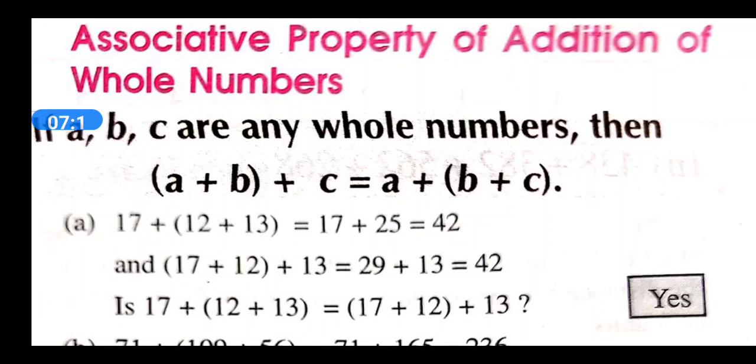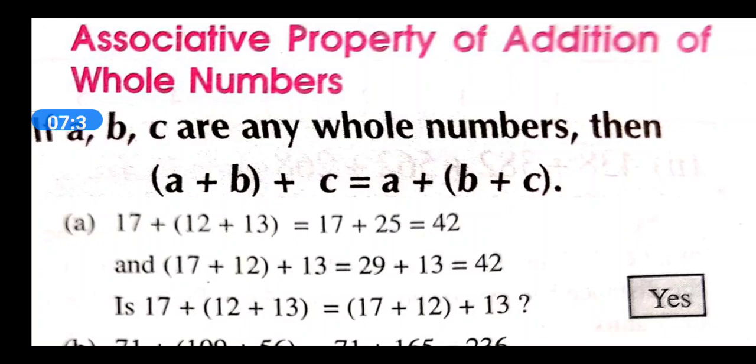Now in second group you will first add 17 and 12, which will be equal to 29, and to 29 you will add 13, which will be equal to 42. In both the cases the answer will be same.